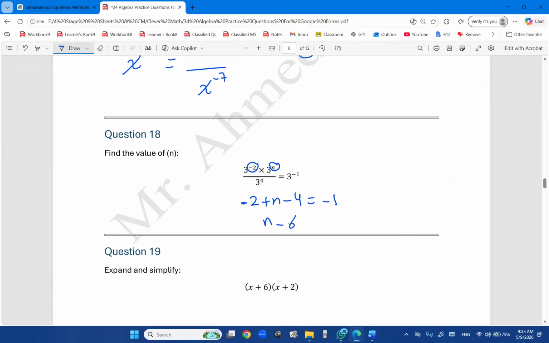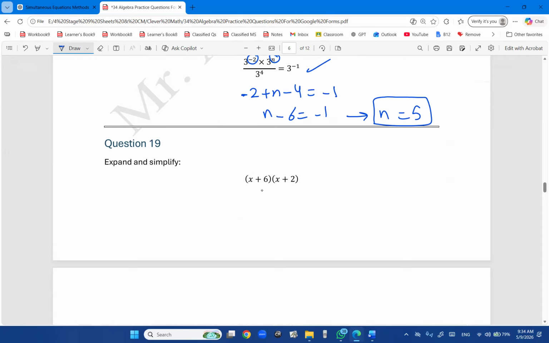So n minus 6 equals negative 1. Send the negative 6 to the other side. You're going to find that n equals, sending it with the opposite sign or the opposite operation, negative 6 goes there positive 6. So it becomes 5. You want to check? Not a problem. Negative 2 plus, because it's multiplication, 5 gives you 3. Then 3 minus 4, because it's division, gives you the negative 1.